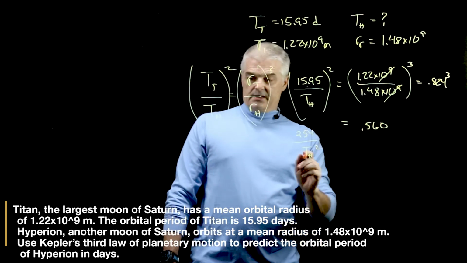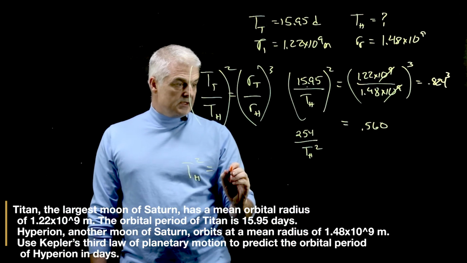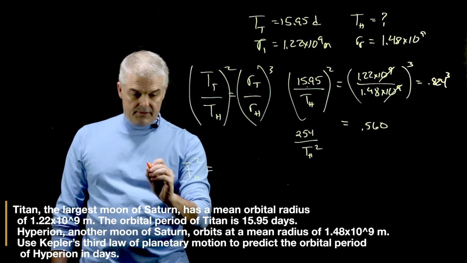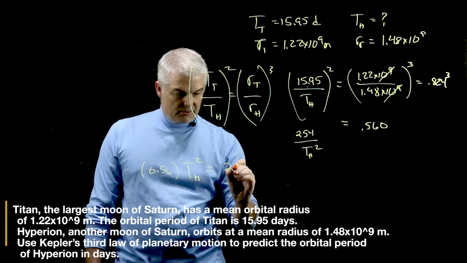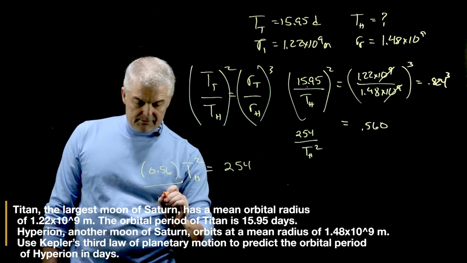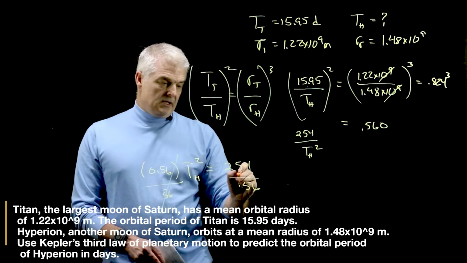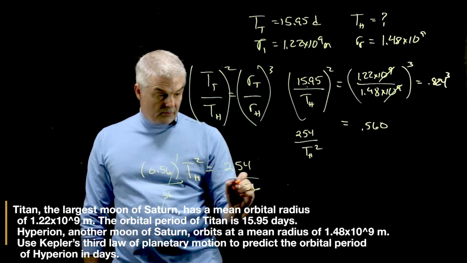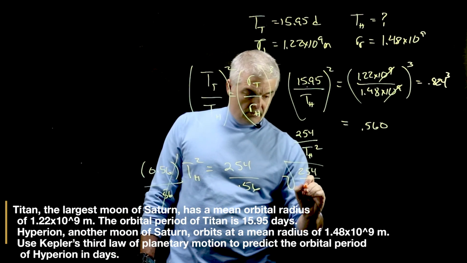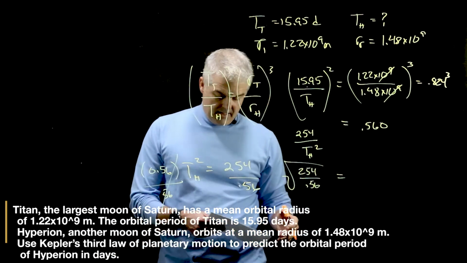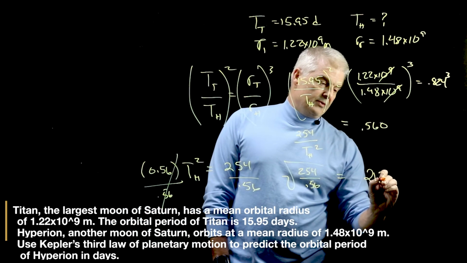So now we're going to say T_H squared times 0.56, I'm cross multiplying, equals 254. Divide both sides by 0.56. Then you take the square root of 254 over 0.56. And you come up with 21.3 days.